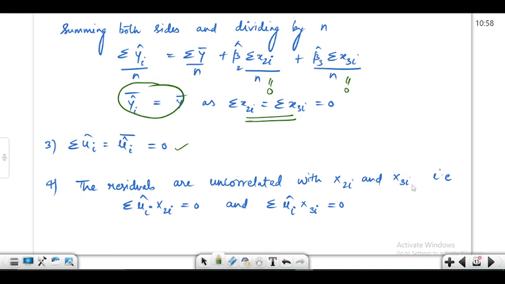That is, the summation of ui hat x2i is equal to 0 and the summation of ui hat x3i is equal to 0. So the residuals, that is the error term, are uncorrelated with the x2 variable and the x3 variable. That is also written mathematically in this form. I hope you remember this property.